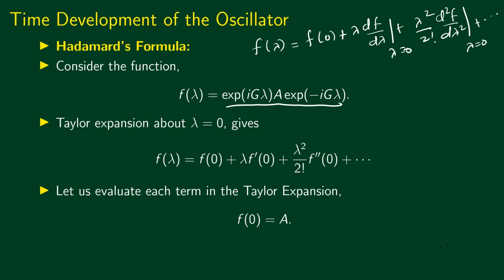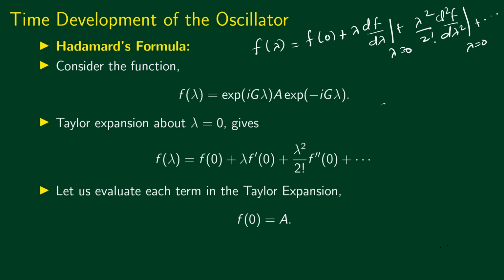Or compactly we can write it as f of lambda is equal to f of 0 plus lambda f prime of 0 plus lambda square divided by 2 factorial f double prime of 0 plus etc. Here f prime of 0 means df by d lambda at lambda equal to 0. That is, you have to take the derivative of f with respect to lambda and then substitute lambda equal to 0.